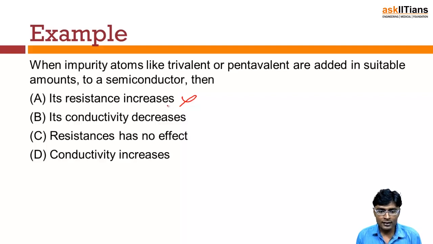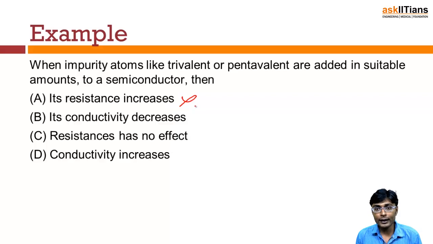So option A says resistance increases. No, never, because we have shifted from intrinsic to extrinsic just to increase the conductivity. We had negligible conductivity in an intrinsic, so to improve that conductivity we have shifted to the extrinsic one. So resistance increases is a wrong option.